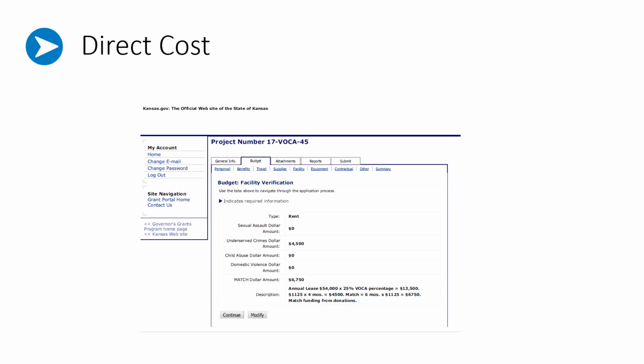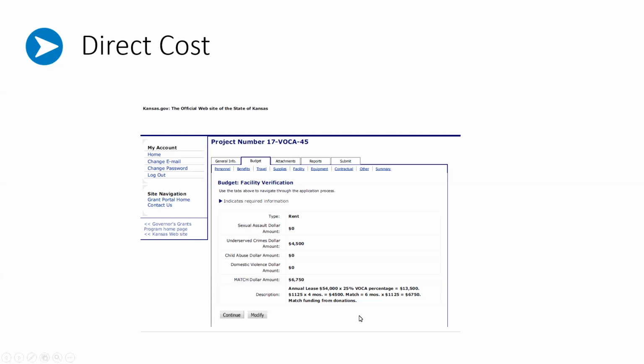So this organization was going to have to pay the rent on their facility, whether they are working on a grant project or not. So it's really often common to take into account rent in a grant and to use that for match.